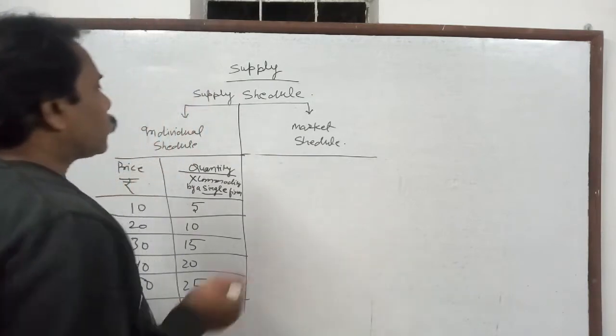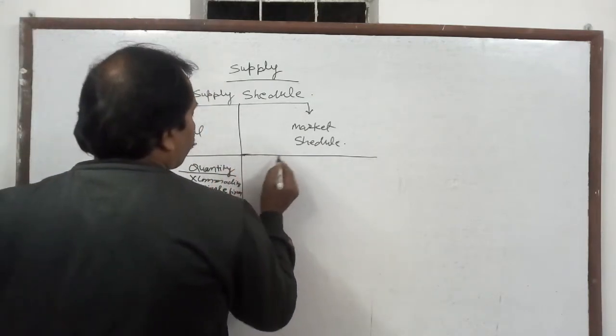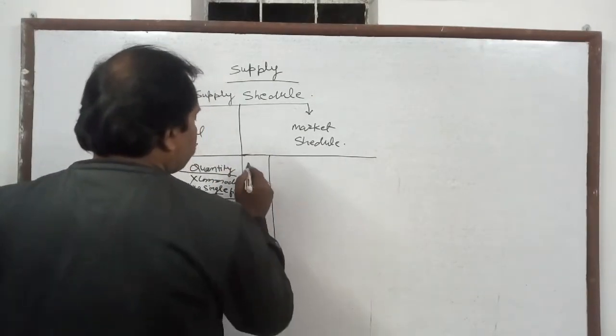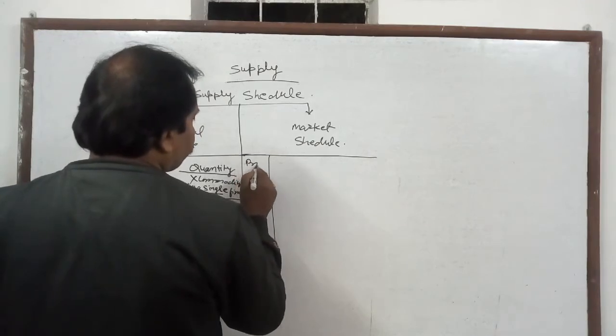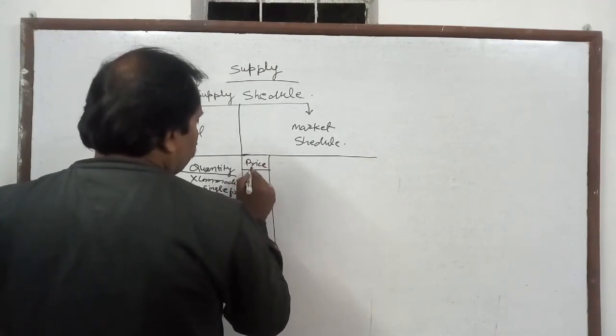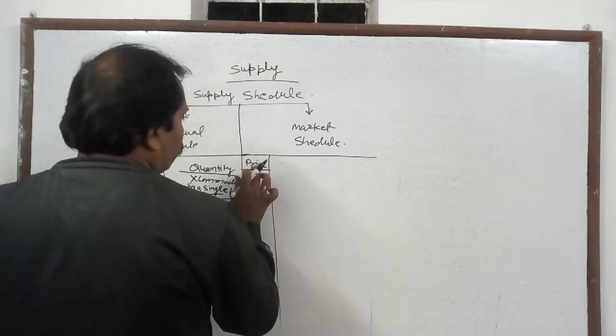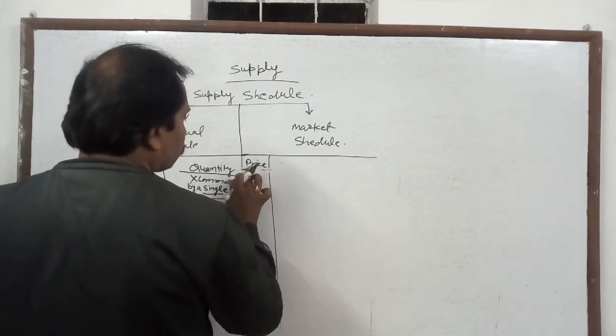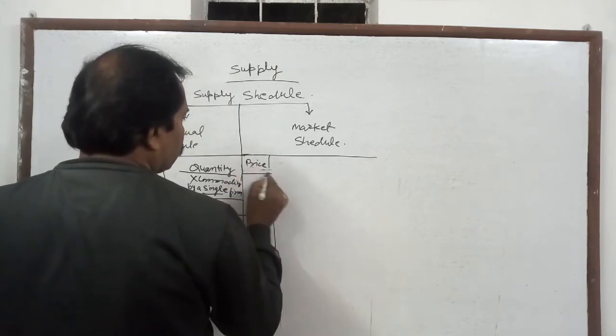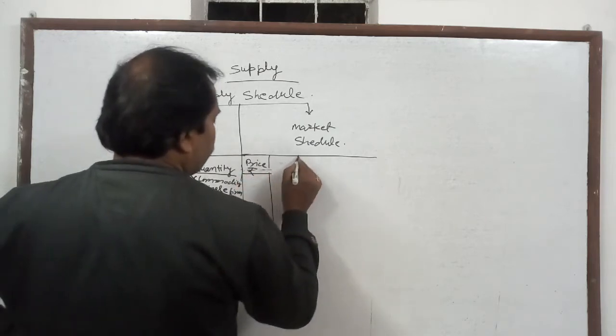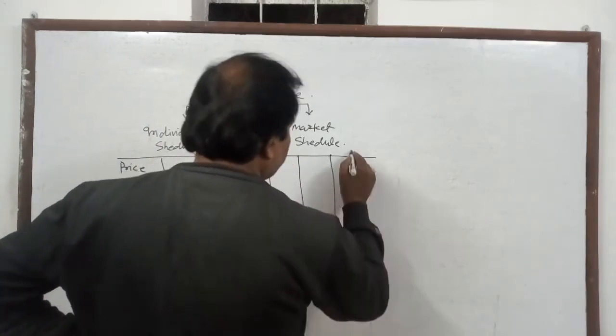Is it clear? So in case of market supply, again here suppose that is the price, given in the form of rupees, and here there are different firms.